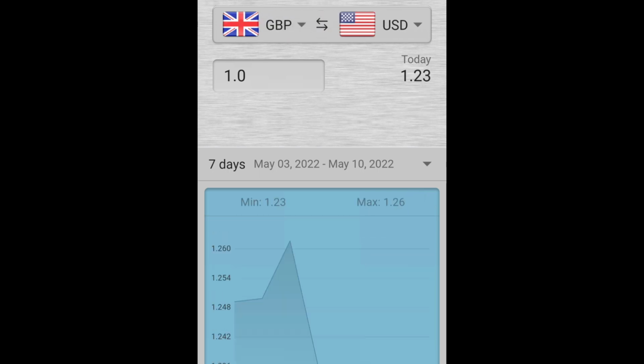If you interchange it to GBP to USD, we have this data. 1 British pound is equivalent to 1.23 US dollar as of today.